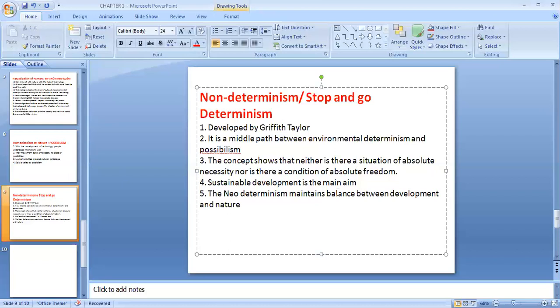Suppose, same example I'm taking, from environmentalism to this new determinism, or stop and go determinism. Till here, we see the case of coronavirus. It's totally driven by this neo-determinism. We can study the coronavirus thing.